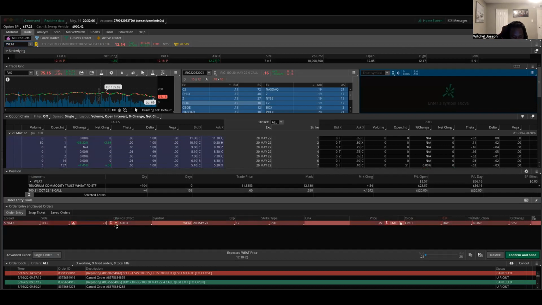I think I have to do one contract, because for every 100 shares of wheat I could sell this, and then I will get $25. So that's something I can do every week based off the stocks that I own. But the risk is that I'm taking the other side of the person's bet that it's going to be under 12. So if it finishes above 12, I get to keep $25.